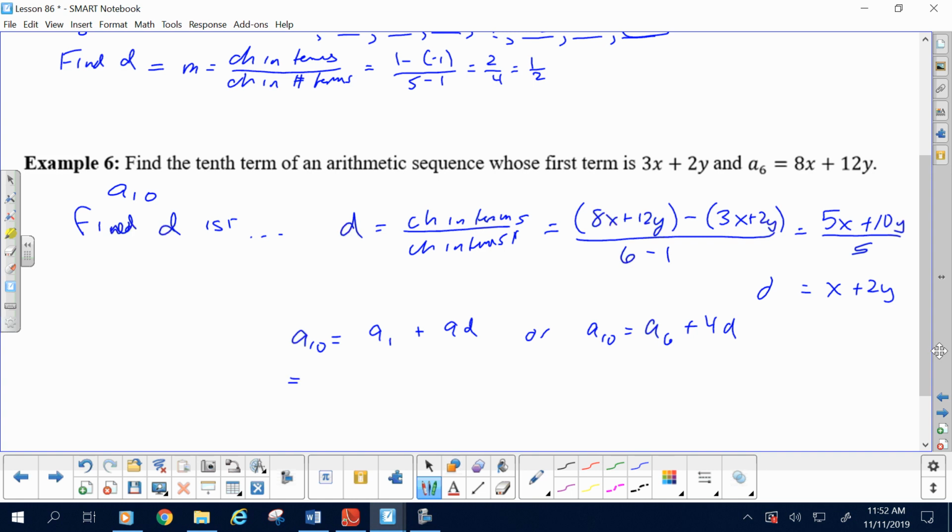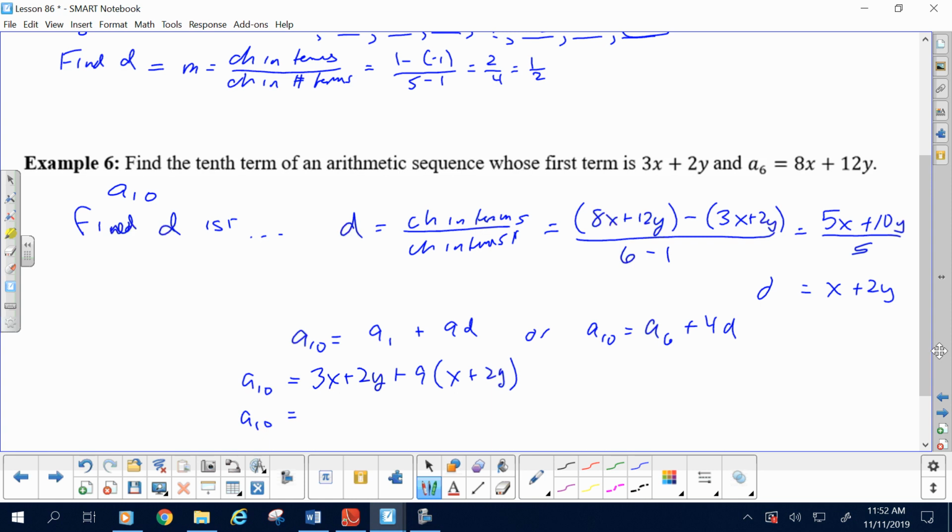What's the first term? 3x plus 2y. It's given. It says the first term is 3x plus 2y. Okay? What is a common difference, then I'm gonna add 9. How much does it go up by each time? X plus 2y. Alright, so when I do this and find the 10th term, as far as the x's go, they started at 3x.